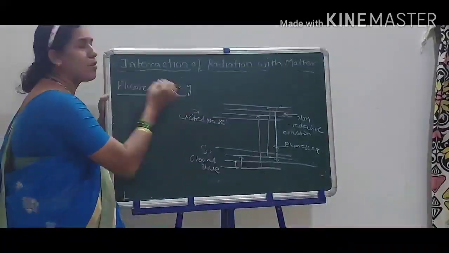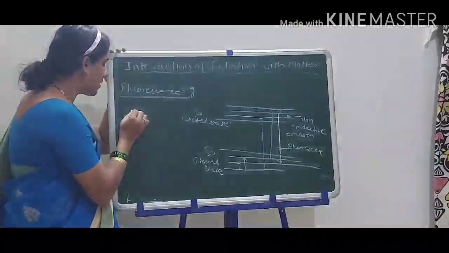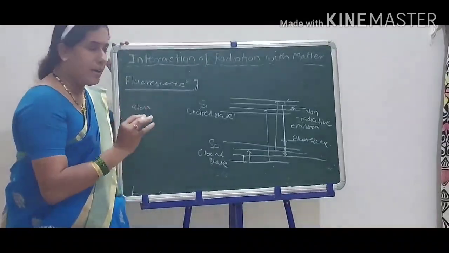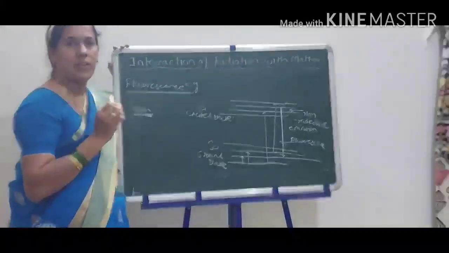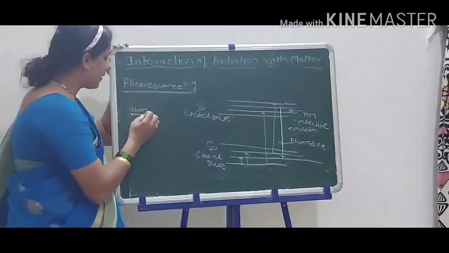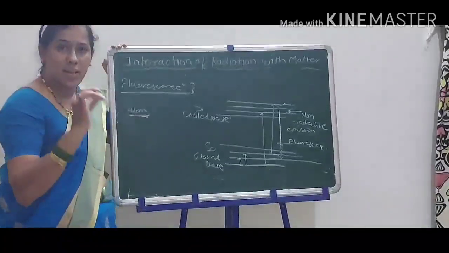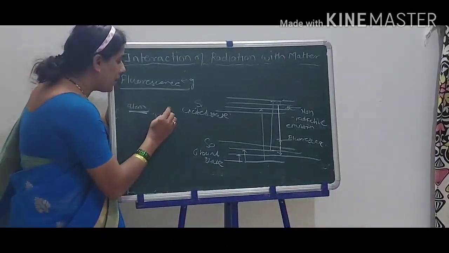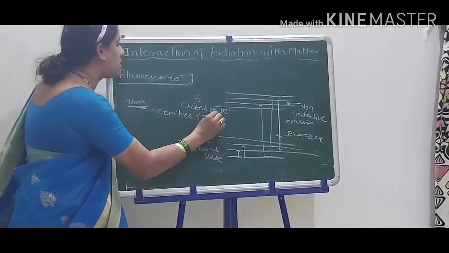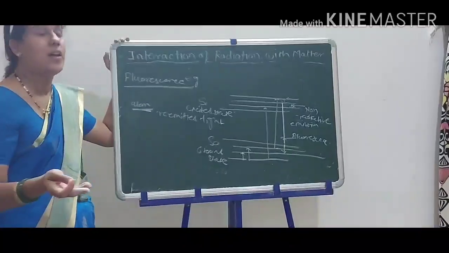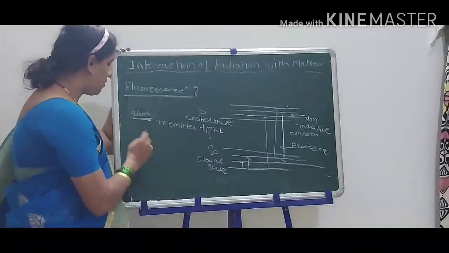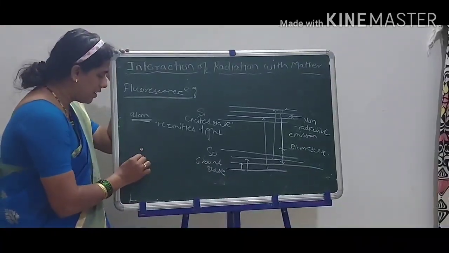But now what is meant by fluorescence? When the atom absorbs electromagnetic radiations, it goes to a higher energy level, and when the lifespan of the higher energy level of an atom is very short, it loses its extra energy in the form of re-emitted light and returns to its original ground state. That phenomenon is known as fluorescence.